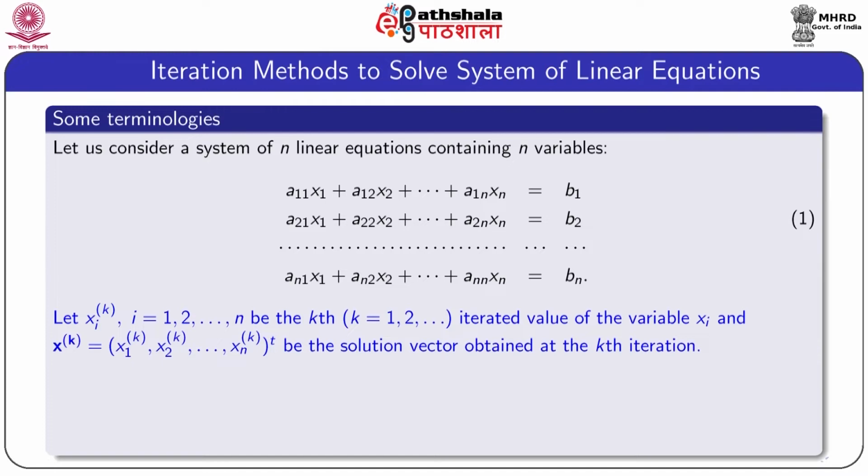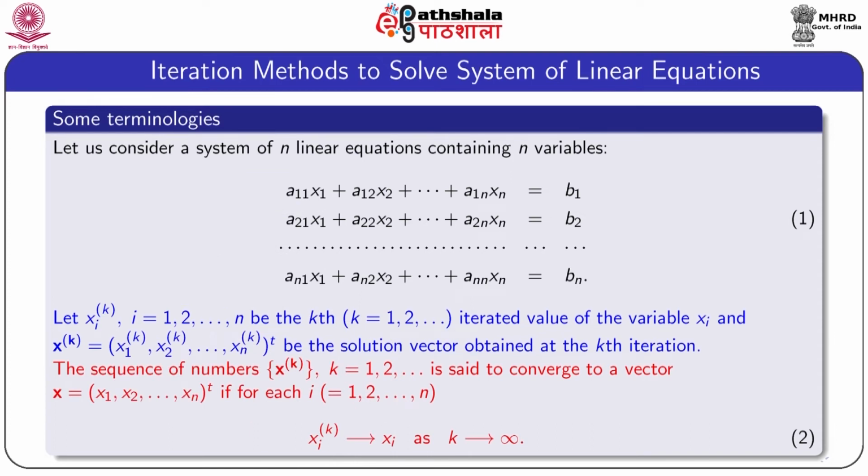Let xi^k denote the kth iterated value or the kth approximate value of the variable xi, and x^k is the vector of the kth iterated approximate solution, equal to (x1^k, x2^k, ..., xn^k) transpose.